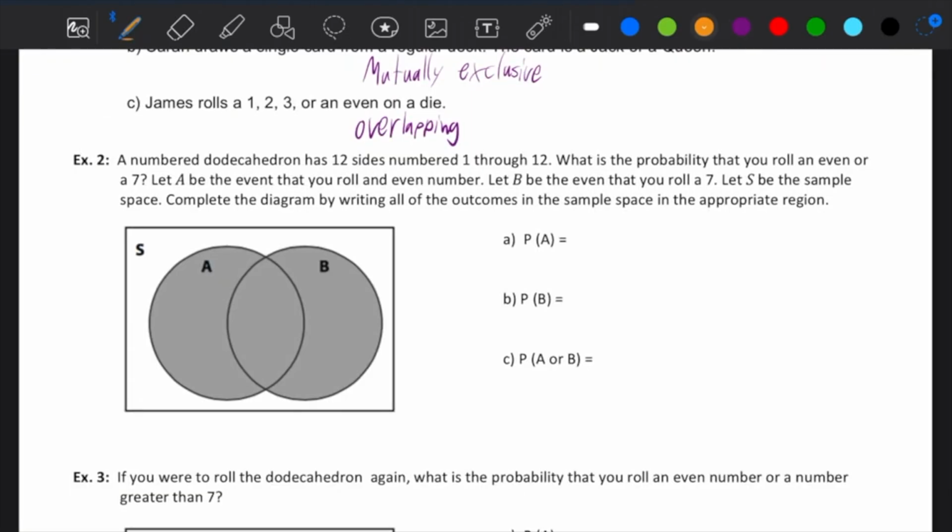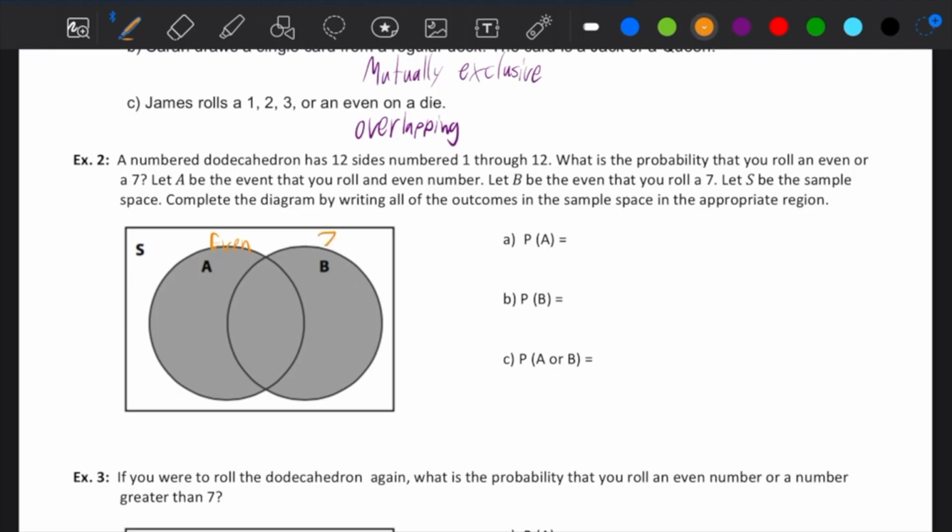Example 2, we're going to use this Venn diagram to help us. A numbered dodecahedron has 12 sides numbered 1 through 12, aka a 12-sided die. What's the probability that you roll an even or a 7? Let A be the event that you roll an even number, so A is even, and B be the event that you roll a 7.